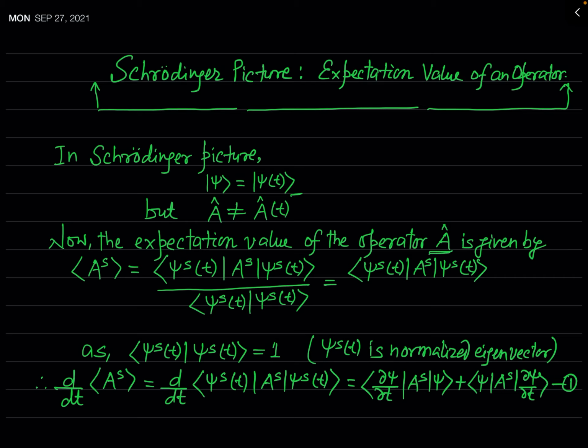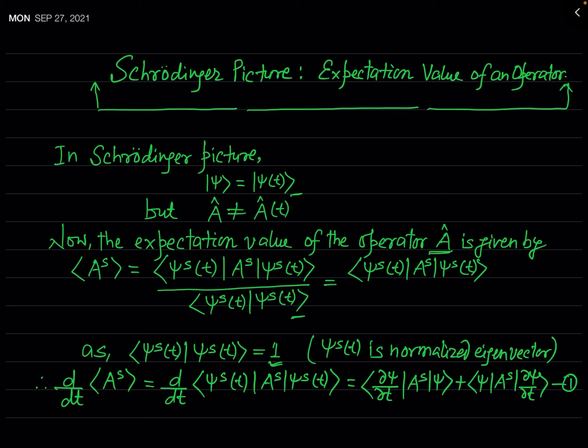So this scalar product in the denominator will be equal to 1, and so the expectation value of a hat is simply equal to the scalar product bra psi s, a hat, ket psi s of t.